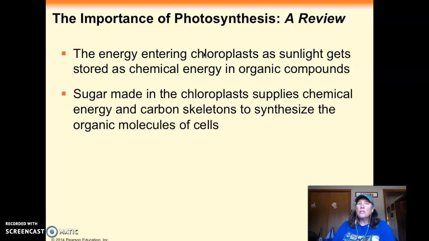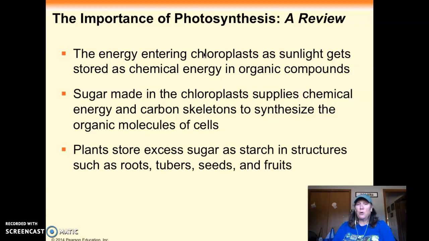Sugar is made in the chloroplasts. It supplies the chemical energy and all the carbon skeletons for the organic molecules in our cells. We talk about biomolecules: proteins, fats, carbohydrates. We need those sugars, those carbohydrates, and that's what plants provide for us, made in photosynthesis.